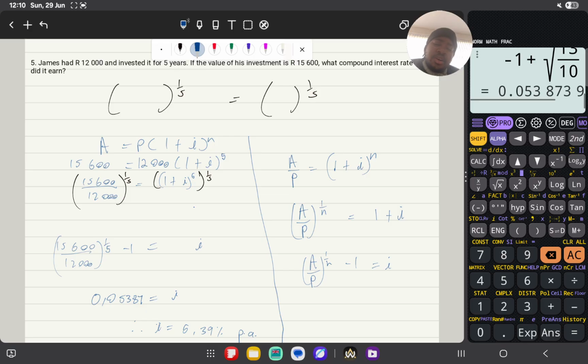I believe in you, so I trust you won't make any mistake. But also, if you are asked to calculate this, you can start by making I the subject of the formula, and then substitute. That is also allowed. In fact, I think I would even prefer that.